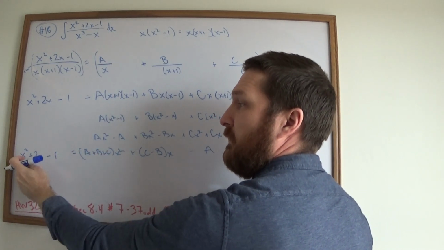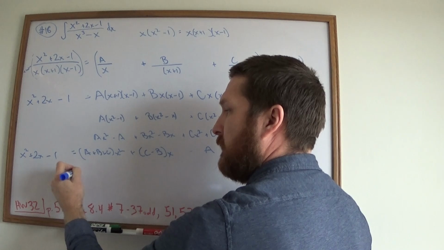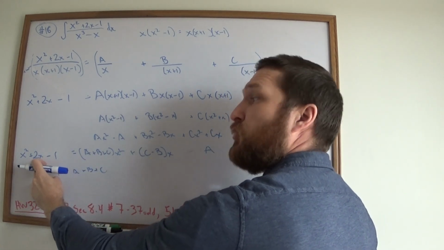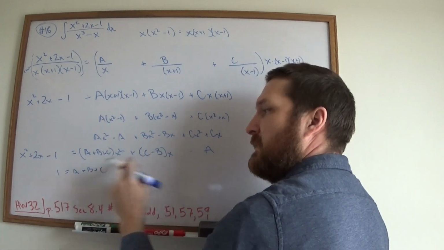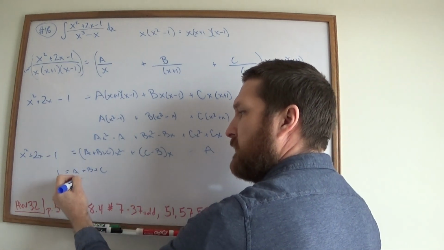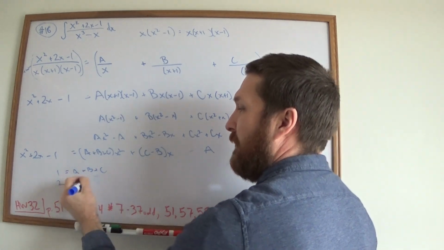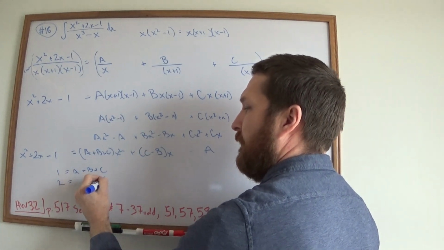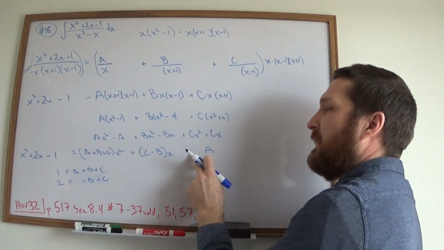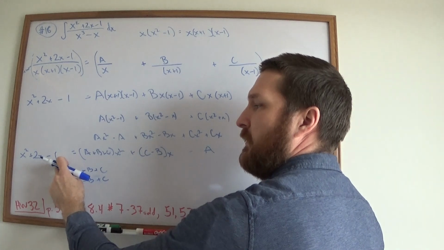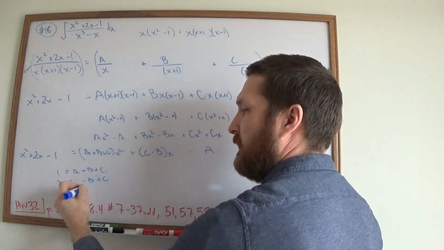So we get 1 has to equal a plus b plus c. This constant, 2, has to equal c minus b. Finally, negative a has to equal negative 1.